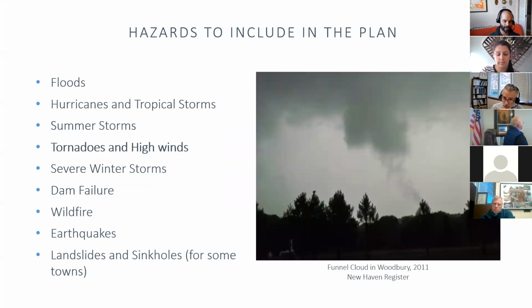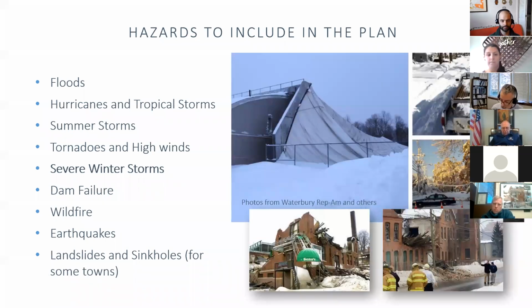Within summer storms, tornadoes and high winds are a particularly severe form, another hazard that I think often gets associated with other parts of the country, but we do have here in Connecticut every summer. I think there's a tornado or two, and in this region we've had tornado impacts in relatively recent years.